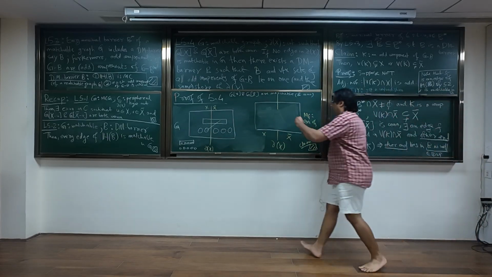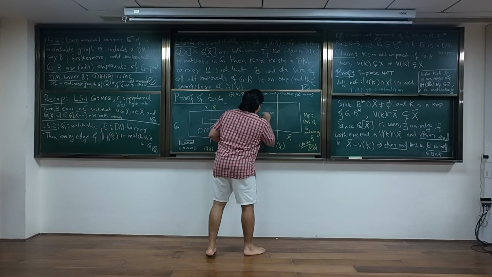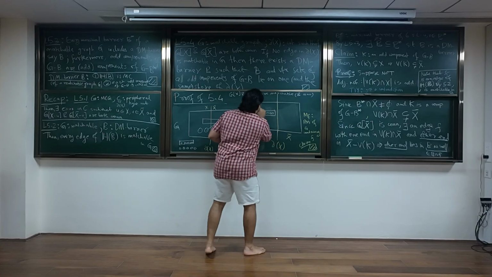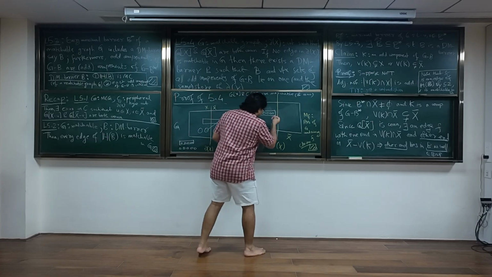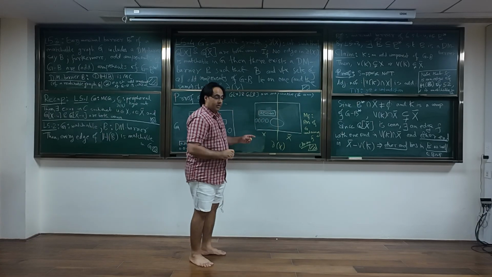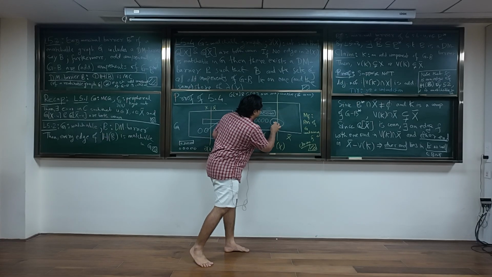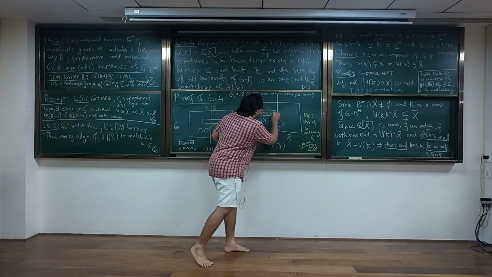So why can't this happen? Why can't my entire barrier be here? And I will just draw one odd component like this and the others like this, just for the sake of getting a nice drawing. And maybe all the edges of the core, for this component, they all go from here.